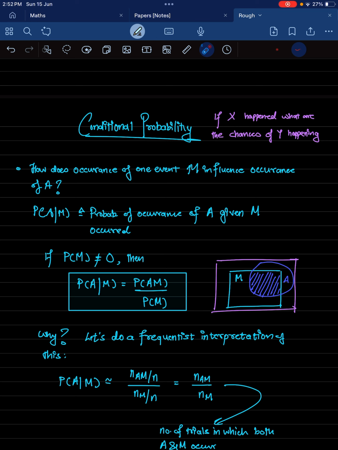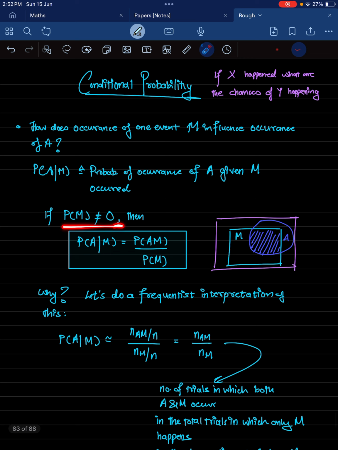And the central number that we are concerned with is the probability of A given M. That's what this notation is all about. A bar M is the probability of occurrence of A given M has occurred. And if the probability of M is not 0, then the probability of A given M is the probability of A intersection M divided by the probability of M.